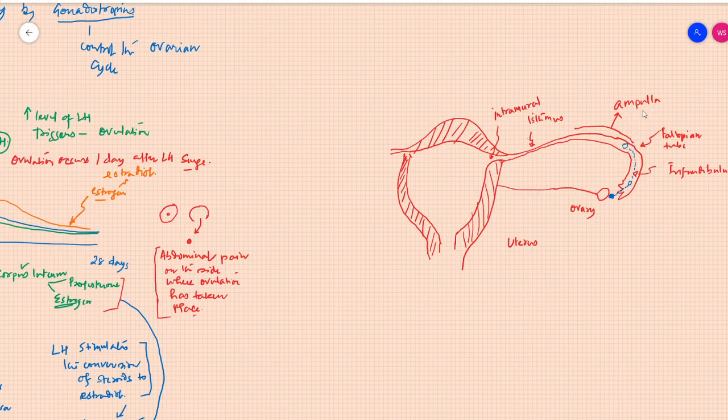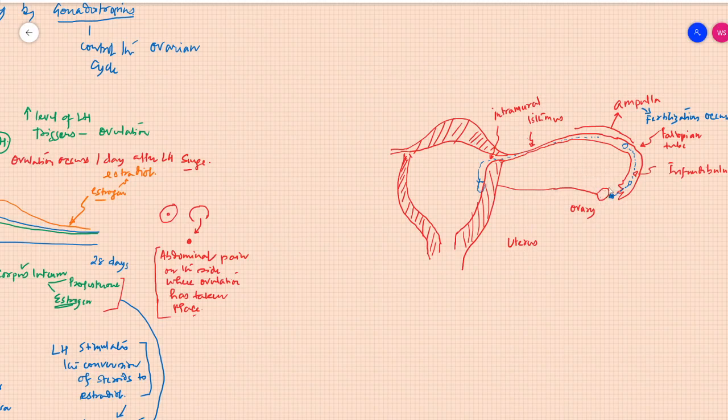It's in the ampulla that fertilization occurs, and the zygote moves down the tube and then gets implanted in the walls of the uterus, which is when pregnancy occurs. So this is how pregnancy occurs in the uterus.